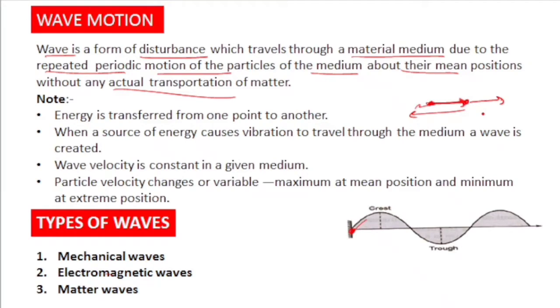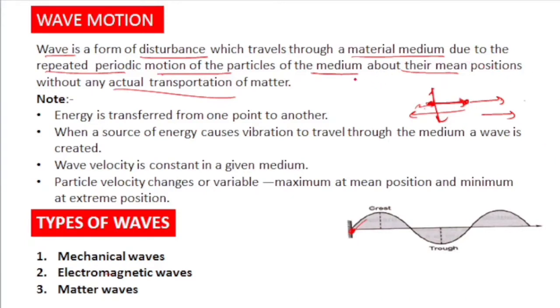So actually energy is transferring from one point to another point. This energy is nothing but the disturbance. The disturbance is traveling from one point to another. Particles only vibrate about their mean position, right? So it is a form of disturbance which travels through a medium due to repeated periodic motion of the particles of the medium about their mean position.